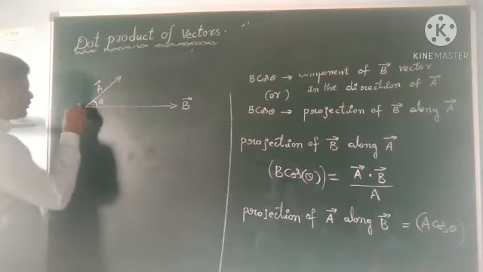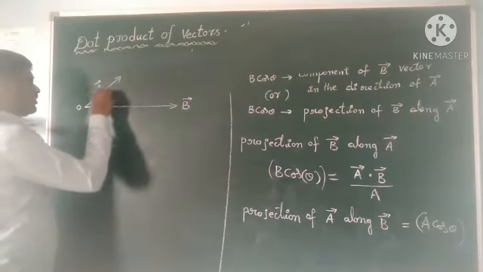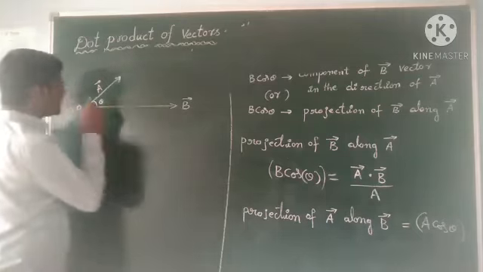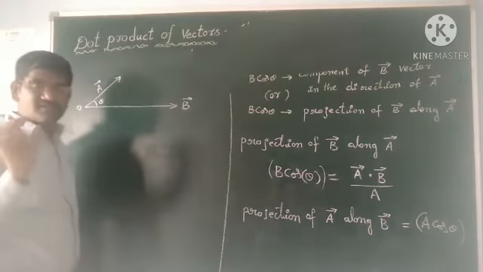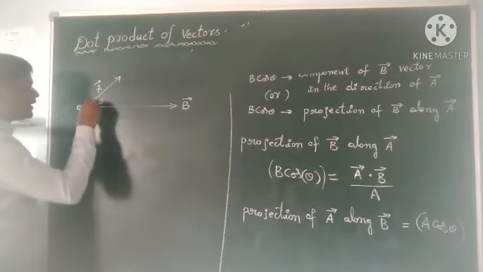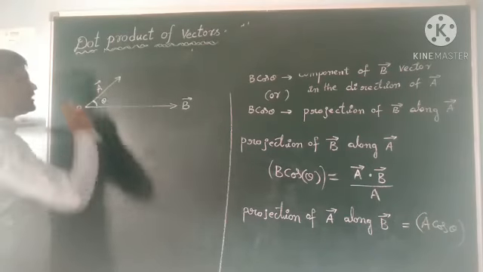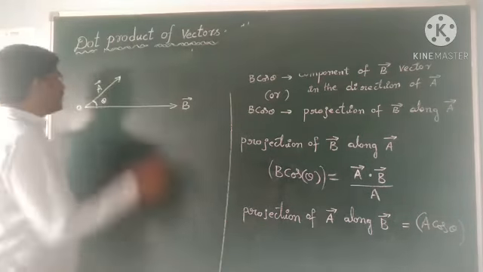A bar starts at O point, and B bar also starts at the O point. Both have the same initial point, co-initial point. Then the angle between them is called the angle between the vectors. This is called the angle between A bar and B bar.